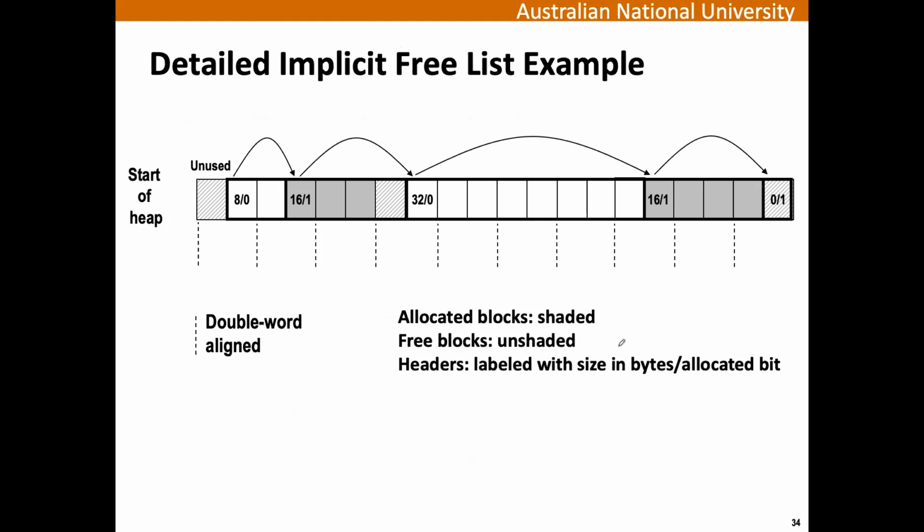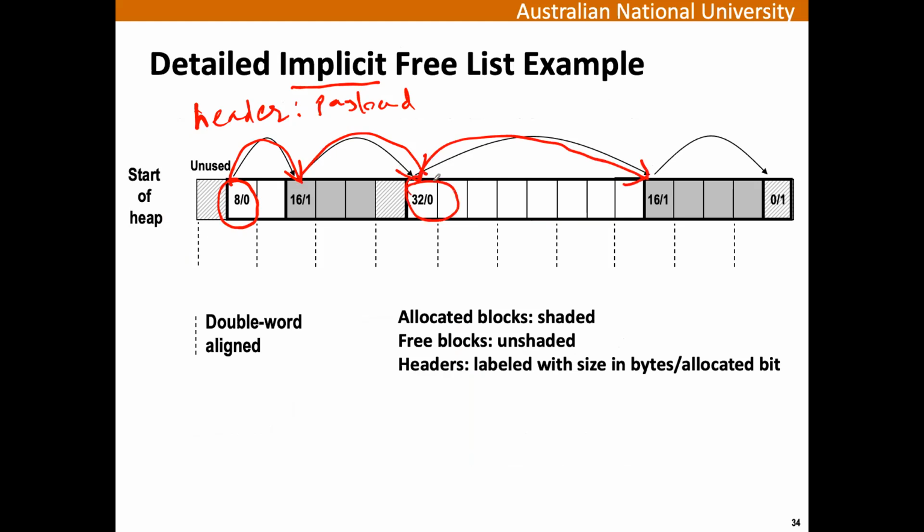An implicit free list is implicit because you keep the size of the block in a header. So there's a header word, the metadata, and there is a payload. In order to find a free block, you traverse the entire list, using the size to advance to the next block.